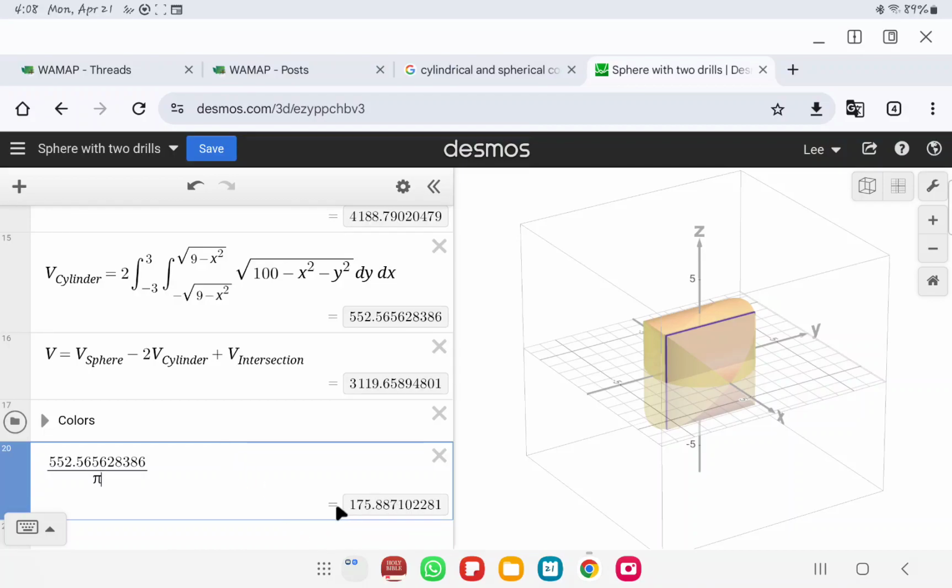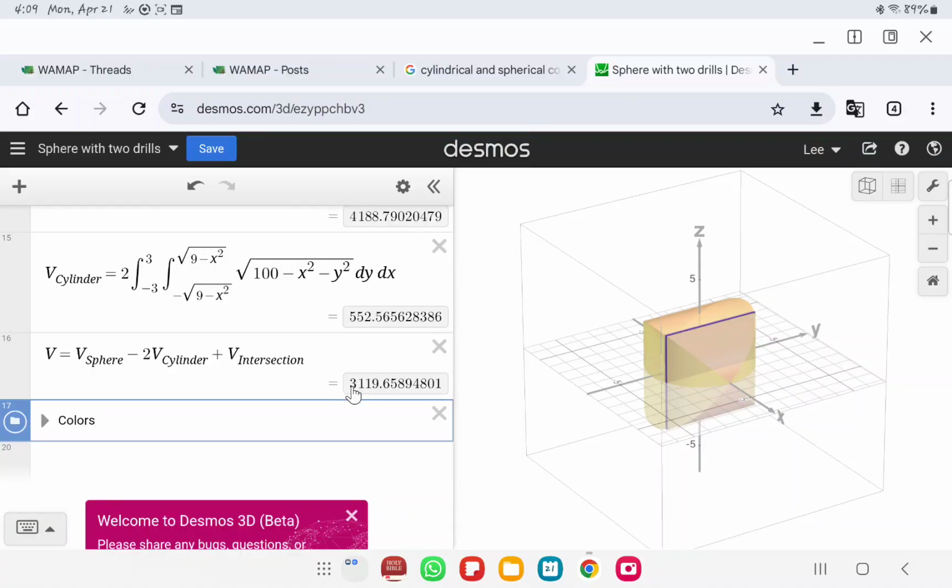That doesn't give me a super nice number, so it might not work on this one, but sometimes you'll get a nice number like 36.9999, and then it's 37 pi or something like that. But occasionally it's maybe also something involving roots, and then it's kind of hard to tell. So if you wanted exact values, then yeah, you would have to go through this by hand. But if you're just looking for an approximation, setting up the integral in Desmos and then computing it out is a good way to go.